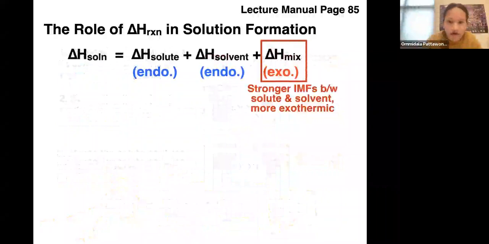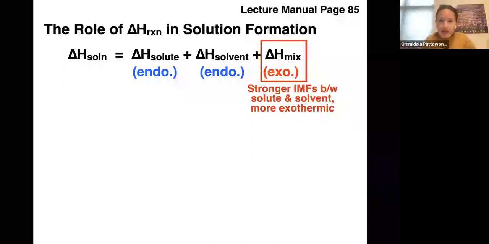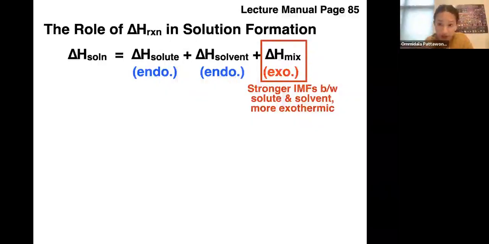So let's take a look at the summary here. As I mentioned earlier, when you're looking at the enthalpy change of mixing, you are mixing solute and solvent together. If you end up having a strong interaction between solute and solvent, this delta H is going to come out more exothermic. More exothermic means stronger interaction.